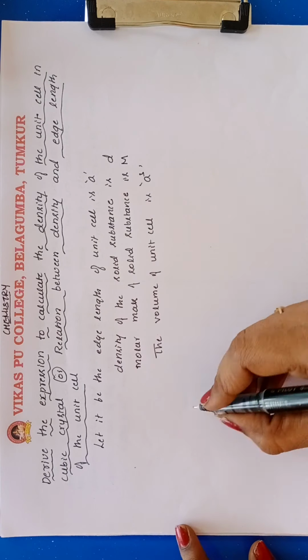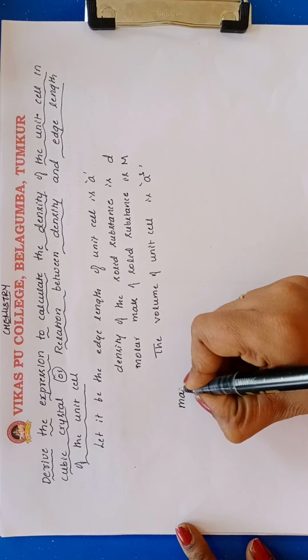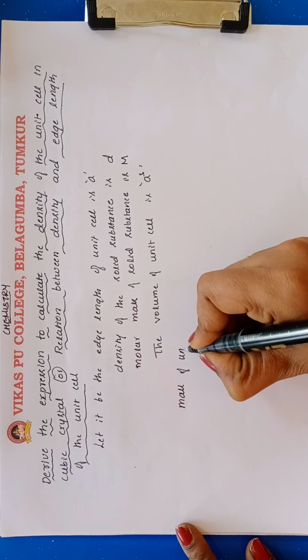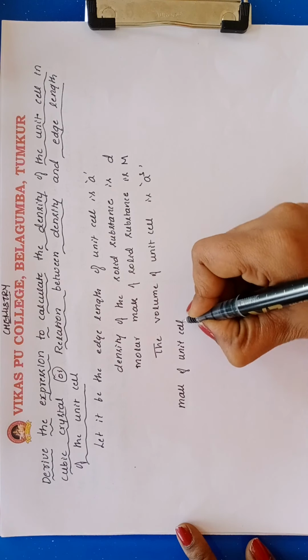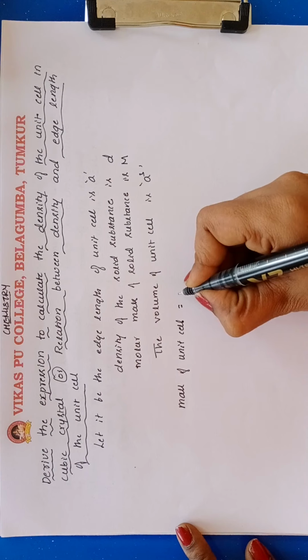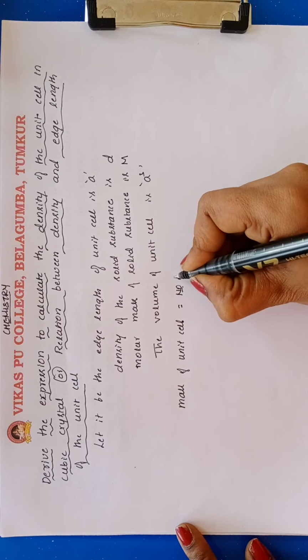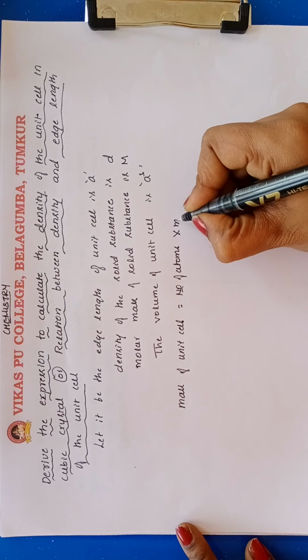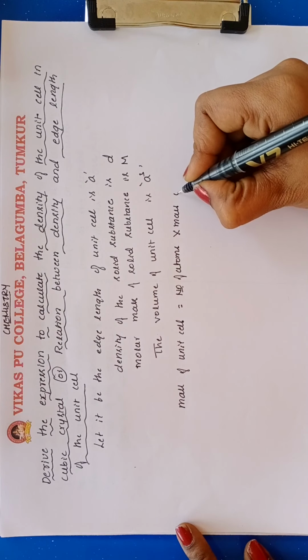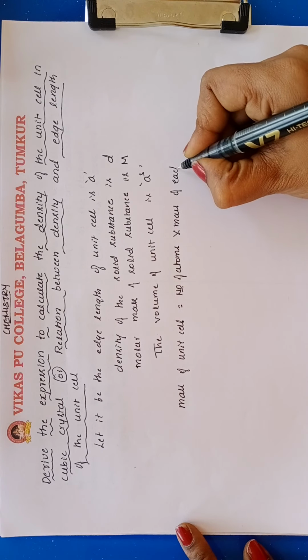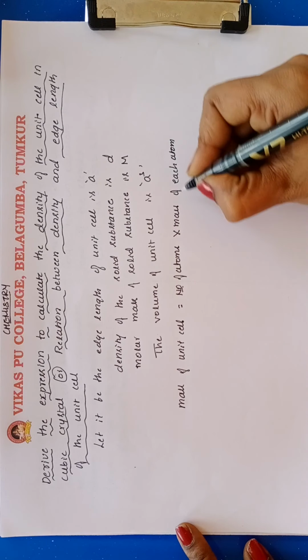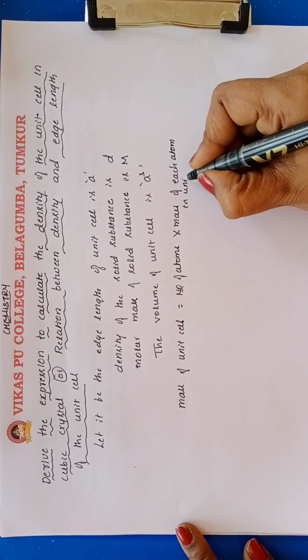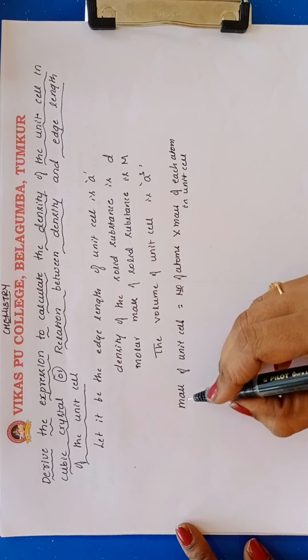Then the mass of the unit cell is equal to the number of atoms times the mass of each atom in the unit cell.